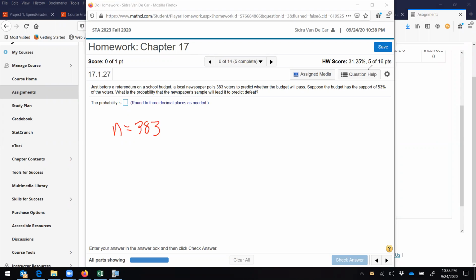It has the support of 53, so then P is 0.53. So I'm centered at the 0.53, the actual value for the vote.